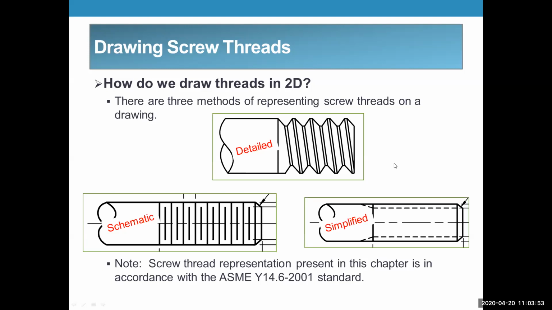It's not meant to really represent those dimensions of the thread. It's just a quick way of showing threads because nobody wants to take the time to do all this, especially if you're doing it by hand. Try drawing that out a couple of dozen times a day.